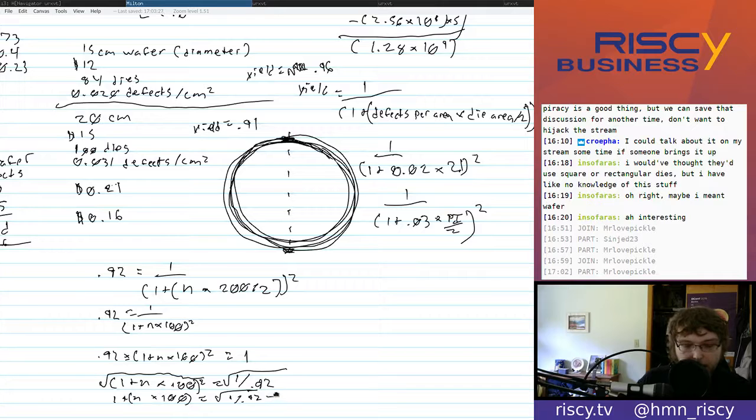So we would say this minus 1 and then divided by 100. So that should give us n.